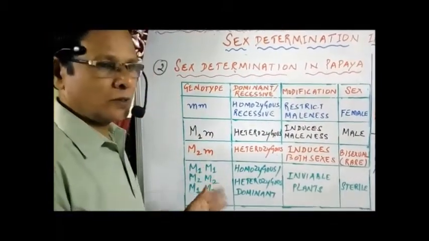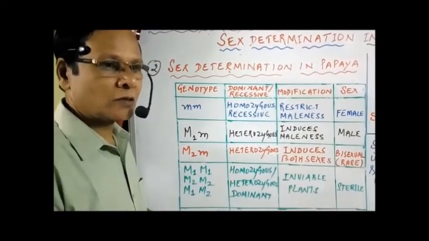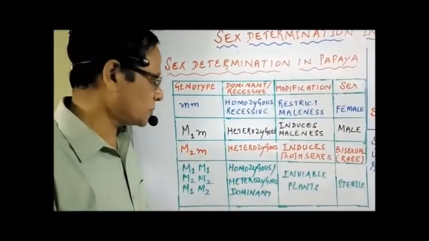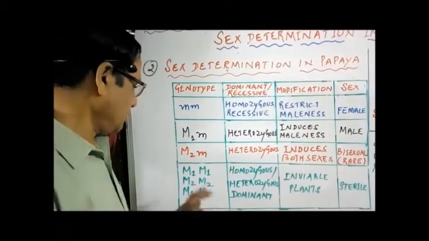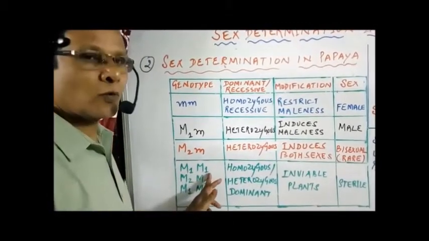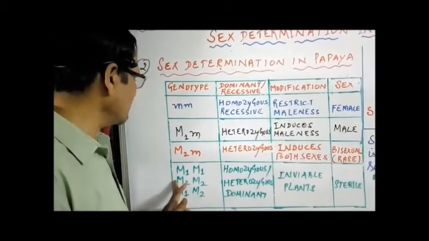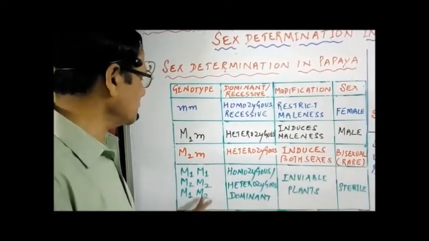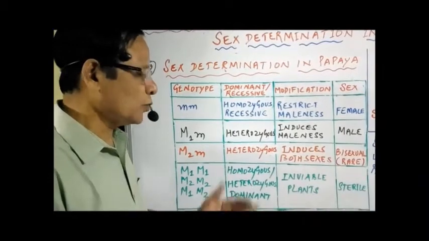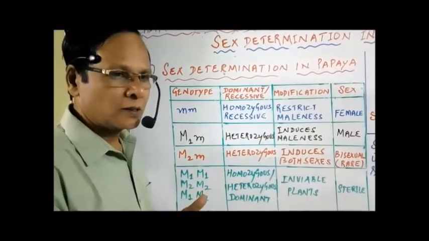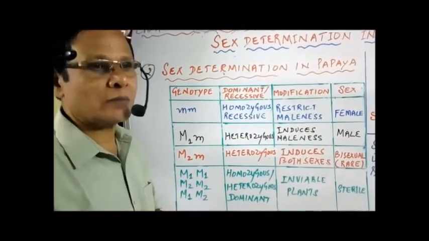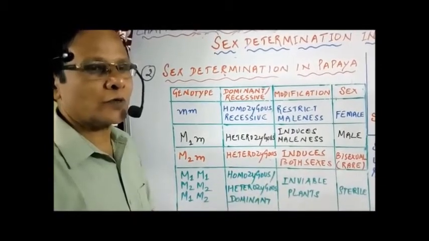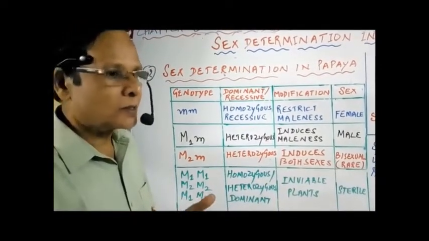Suppose you have the homozygous dominant condition or heterozygous dominant condition, we have different effects. For example, homozygous dominant M1 M1, homozygous dominant M2 M2, and heterozygous dominant M1 M2. In all these three cases, the plants produced are inviable, unable to produce gametes for further development.